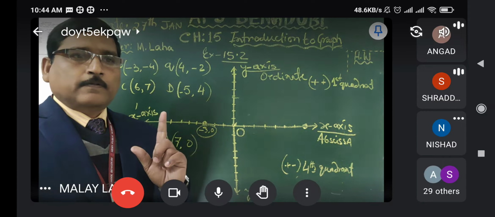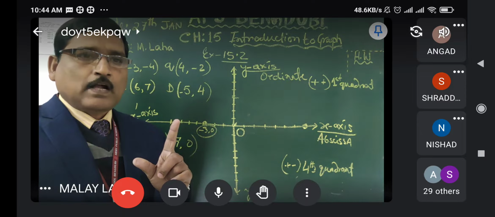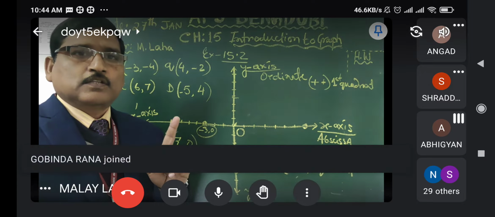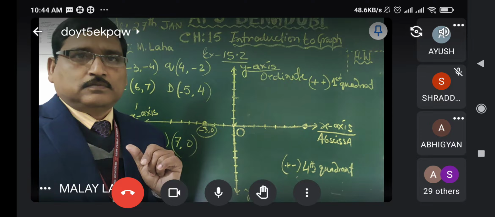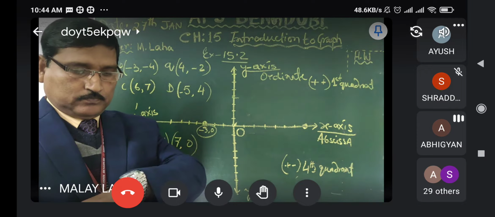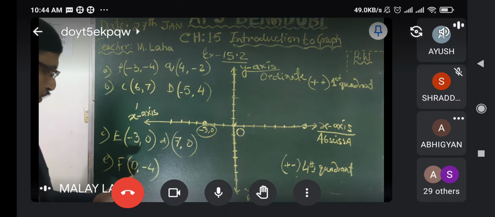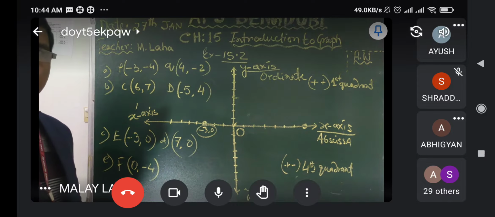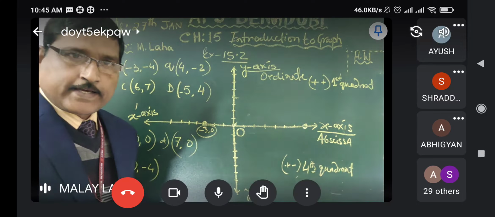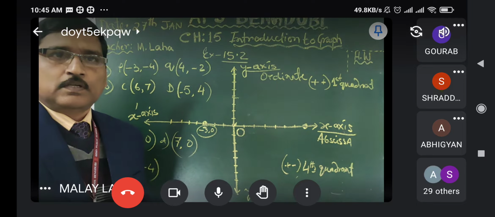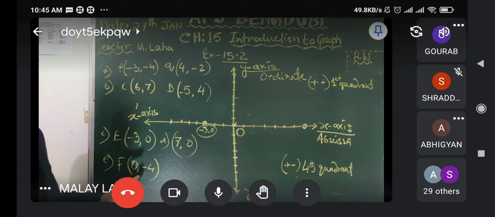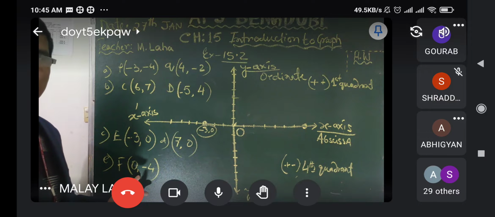Abhigyan, are you listening? Tell me the answer. Where will it be located? 0, -4. Sir, it will not fall on any axis. Gaurav, my question to Gaurav. Where is it located? 0, minus 4.